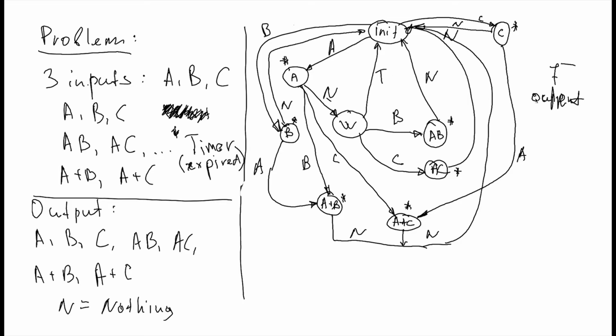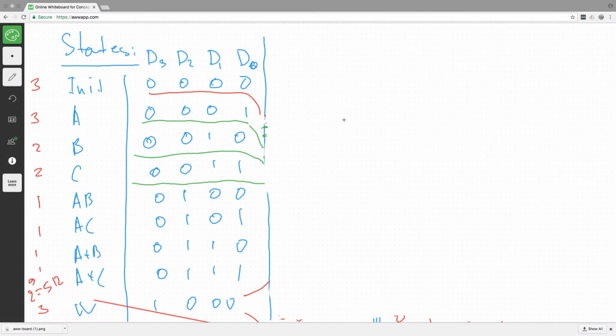We want to allow a single output to those states that are marked with the asterisk. So in other words, we don't generate the output only for init and for W. And then we have 7 outputs for matching states and 1 extra output to actually start the timer. So the timer will be started when we are in state W. So pretty much 7 plus 1, 8 outputs.